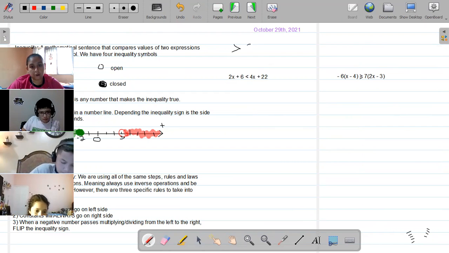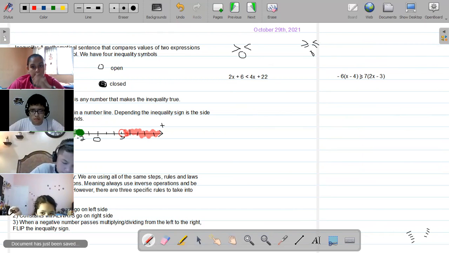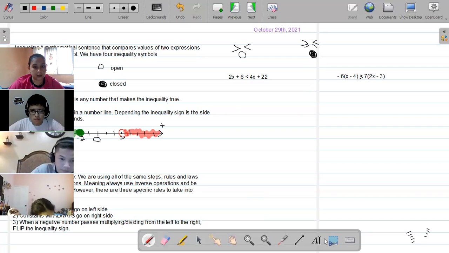If you have a yawning face, it means it is open, okay? If you have a yawning face, but with wrinkles and a closed mouth, it means that this is closed, okay? This means open, this means closed.